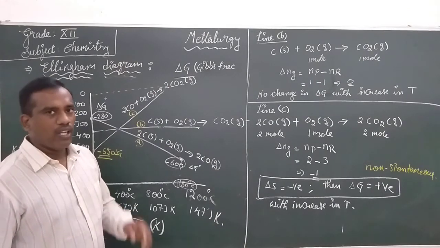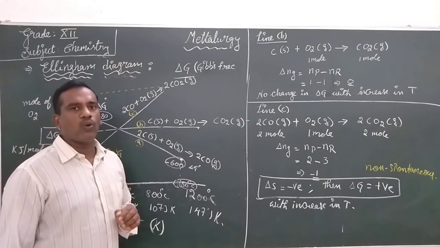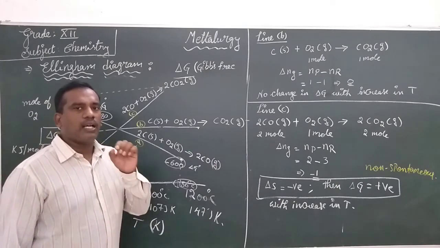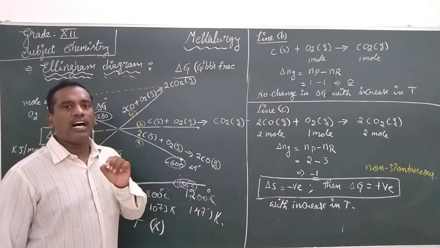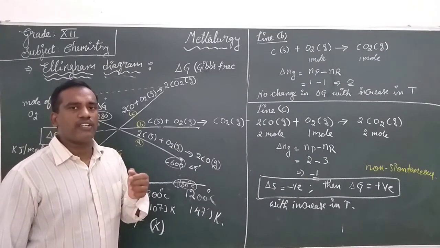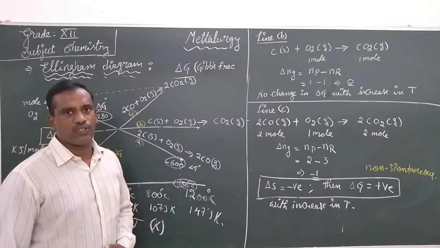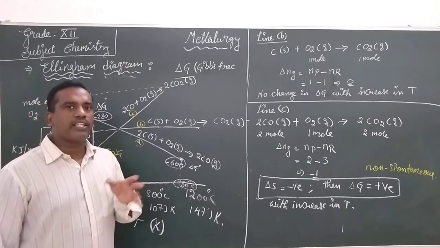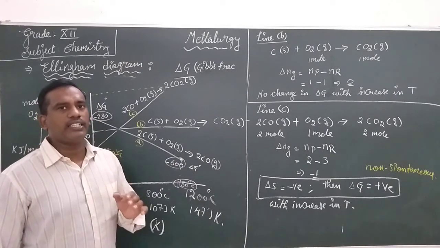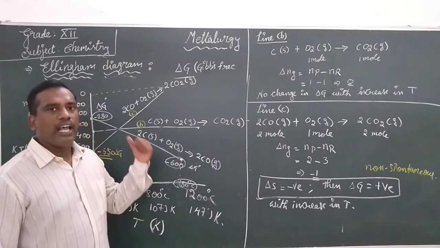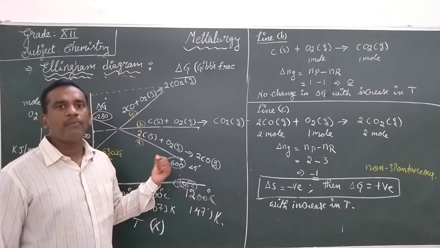In this class, we have concluded how the number of moles of gaseous substances is related to entropy, which is related to Gibbs free energy. In the upcoming class, we will continue from here. That is, how many different kinds of lines are there in the Ellingham diagram.